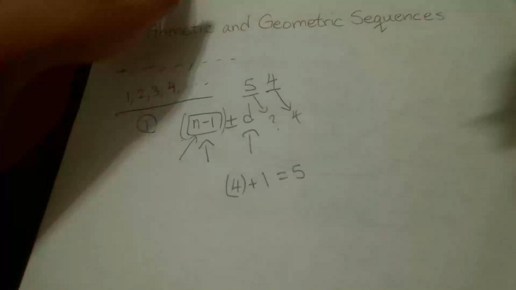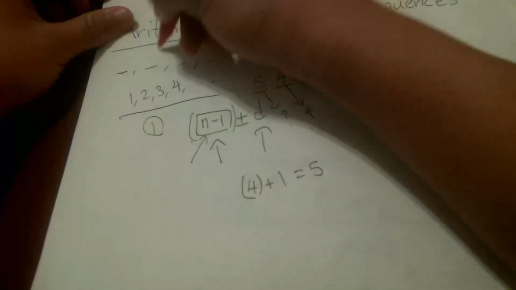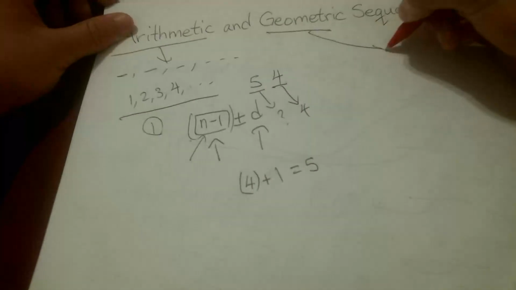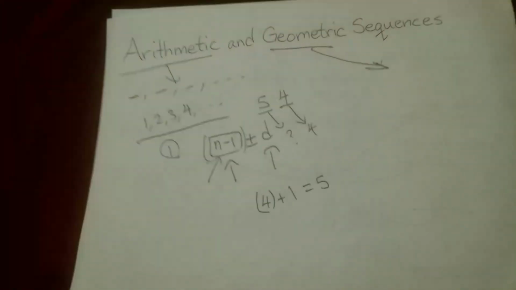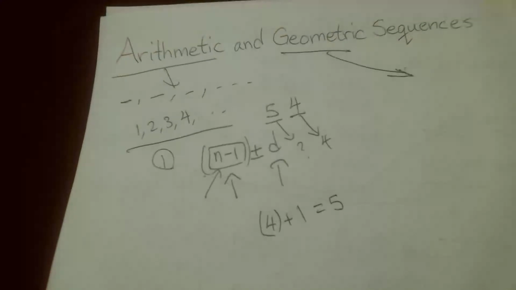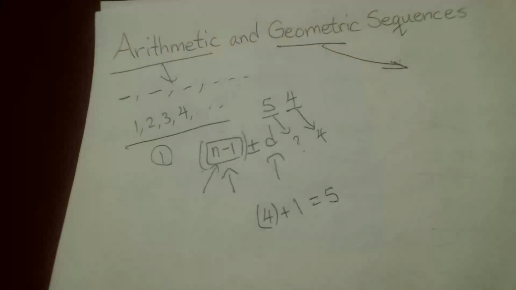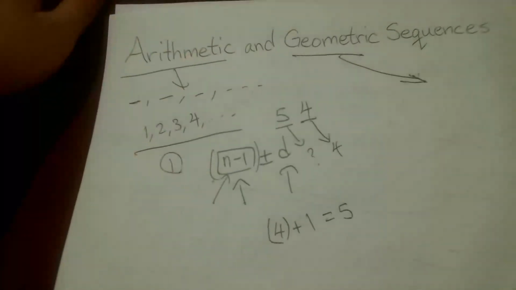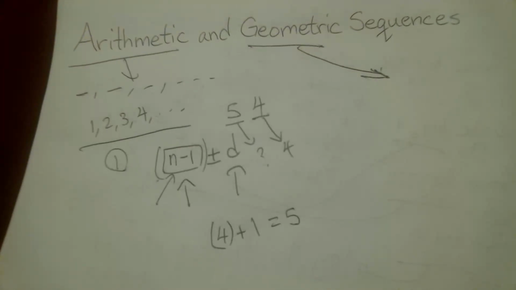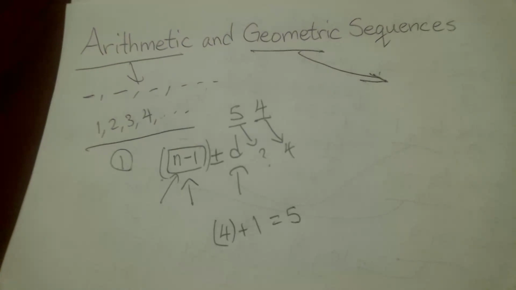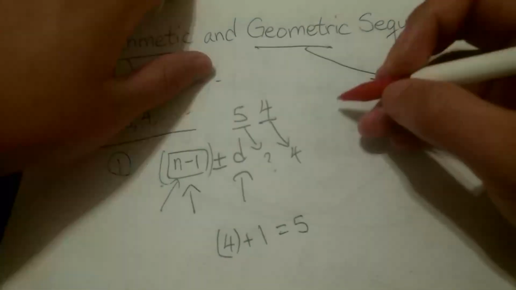So let's move on to geometric sequences. Geometric sequences are slightly different from arithmetic sequences, but they still have some key points. Instead of a common difference, we have a common factor, so we multiply the common factor by the previous term.